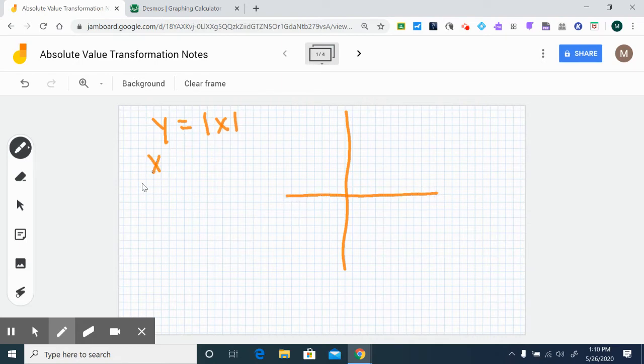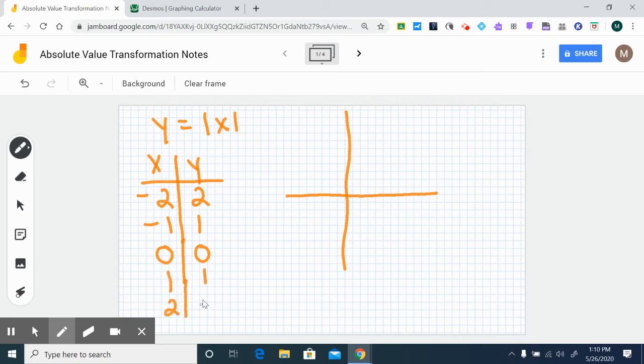Absolute value just means the distance from 0. So if I wanted to graph this, -2 is 2 units away from 0. -1 is 1 unit away from 0. 0 is 0 units away from 0. 1 is 1 unit away from 0.